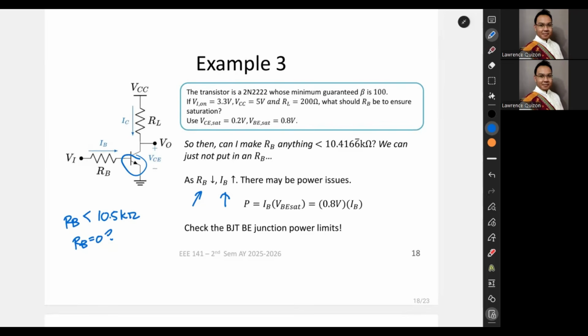The problem is that the power might exceed the allowable power of the 2N222 BE junction. So we have to check that before we decide on RB. That will set a constraint that RB has to be greater than some minimum.